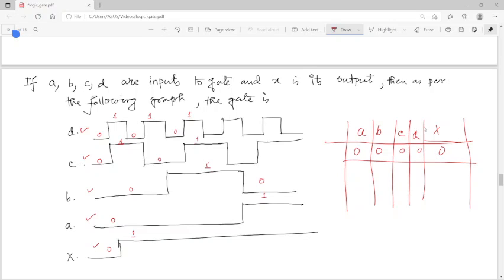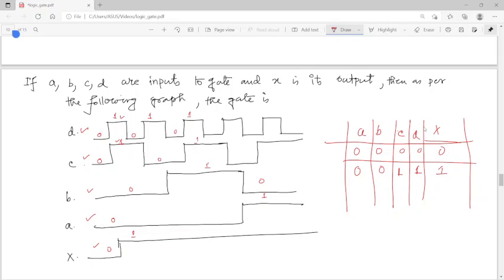Now D is 1, C is 1, B is 0, A is also 0, and the output that we get is 1, right?